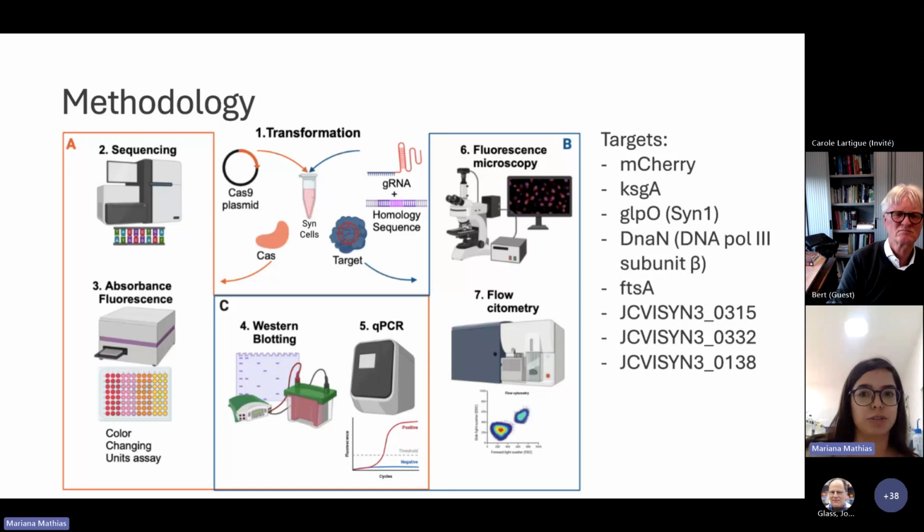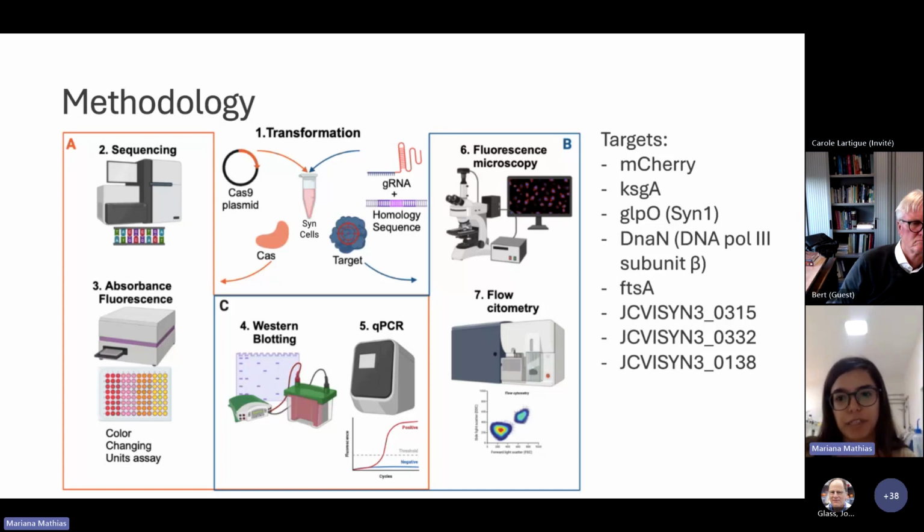And these are the targets we had chosen. So the fluorescence protein, the canavanine, that we already have some ideas, and the literature shows us that they are working in this system. Then the GLPO, which I'll talk about later because we are also using another system, and some essential and non-essential genes, because we want to see if it's working, because if we target an essential gene, the cell will die.